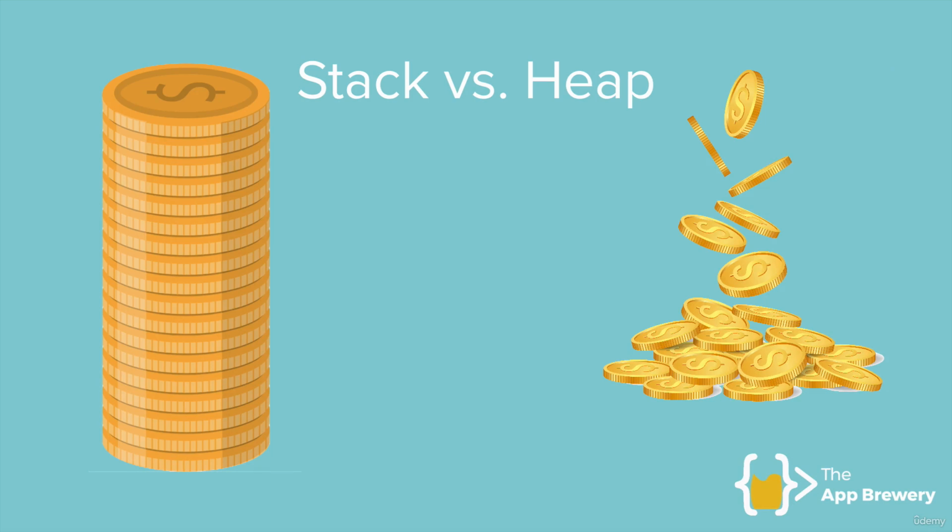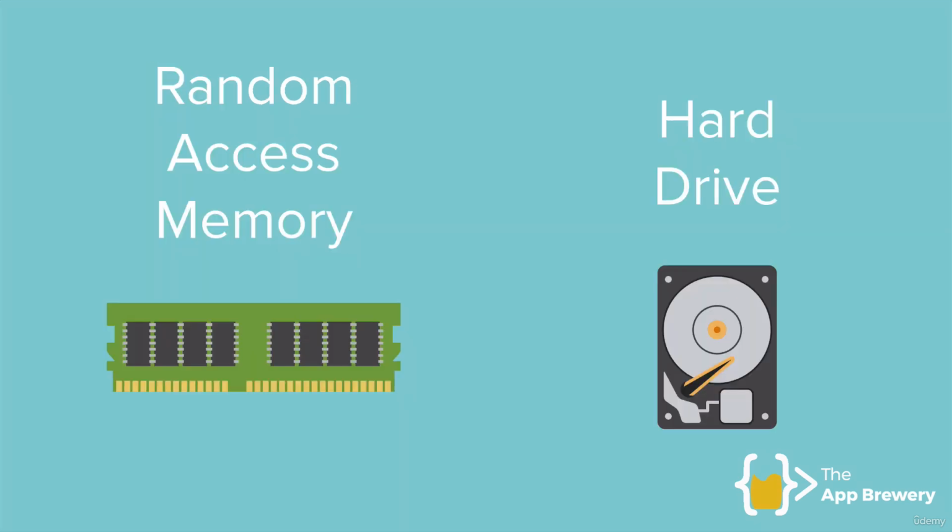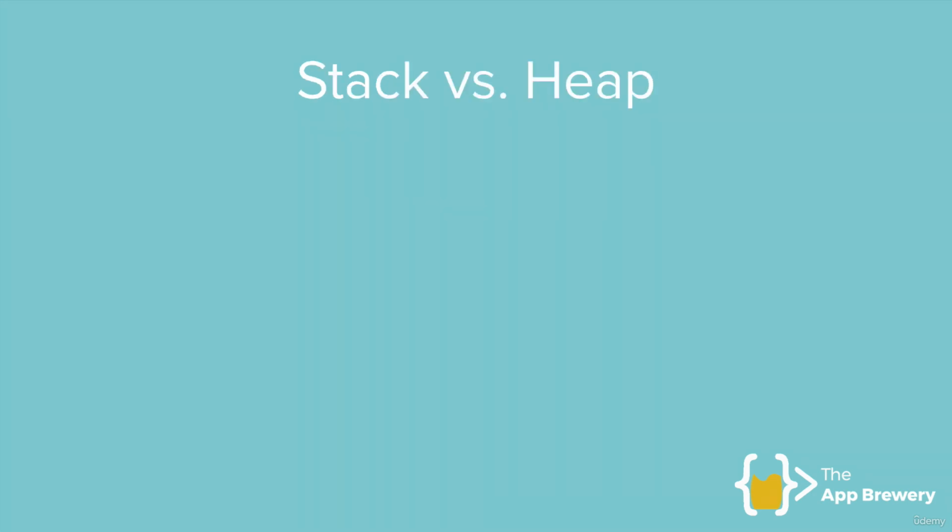So in computers, and that includes handheld computers such as the iPhone, there's two main ways of storing data for random access. So this is referring to the RAM, or the part of the memory that needs to be frequently accessed, and it's not the same as your permanent storage, such as your SSD or your hard drive. And stacks and heaps are simply different ways of organizing the RAM, and they're used for different purposes.